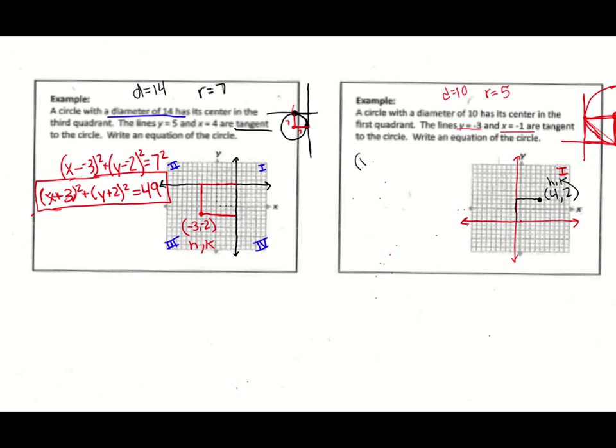So I have (x minus 4) squared plus (y minus 2) squared equals 5 squared. And I can rewrite that again. 5 squared is equal to 25. That's my last example.